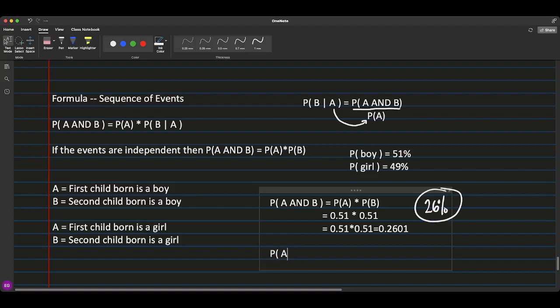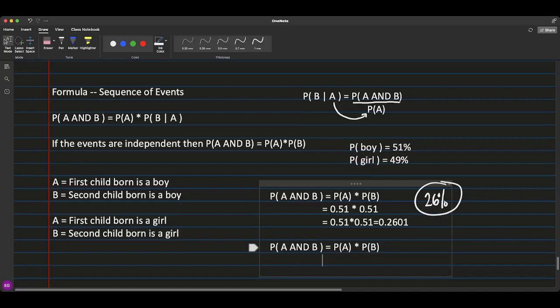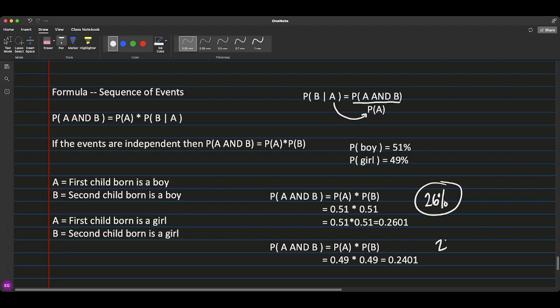So we do the probability of A and B, which is the probability of A times the probability of B. The chance that a girl is born is 0.49, and the chance that a girl is born is 0.49, which ends up being 0.2401. The chance of having back-to-back girls is 24%, slightly lower than the chance of having back-to-back boys, which is 26%.